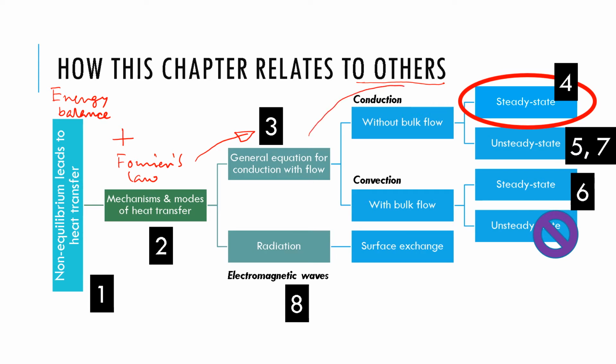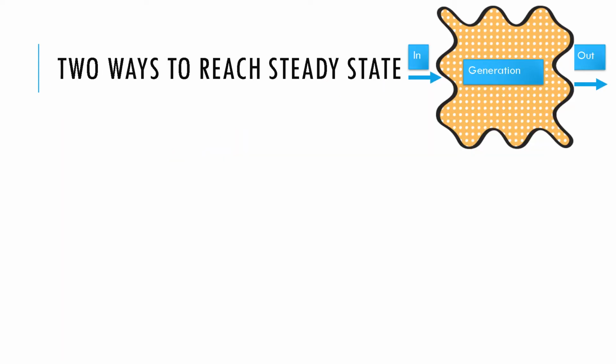The first one, the simplest one, is steady state and without any flow. So without flow and steady state. So that is chapter 4. That's what we are about to talk about. And then we have other chapters like unsteady state heat transfer, and also convection heat transfer.